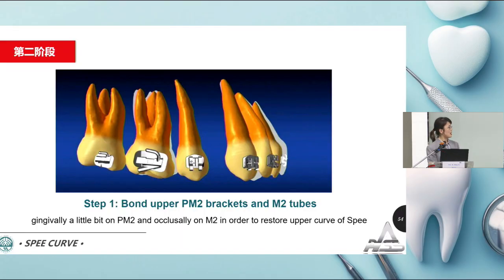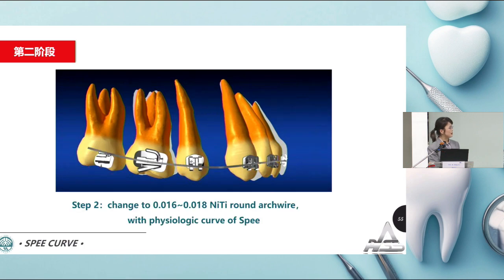Then we bond upper 7 and upper 5 brackets and tubes. For the bracket position, we should bond gingivally a little bit on the 5 and occlusally on the 7 in order to restore the upper curve of Spee. Here, a little bit gingivally on the 5 and occlusally on the 7, so we can restore the curve of Spee.